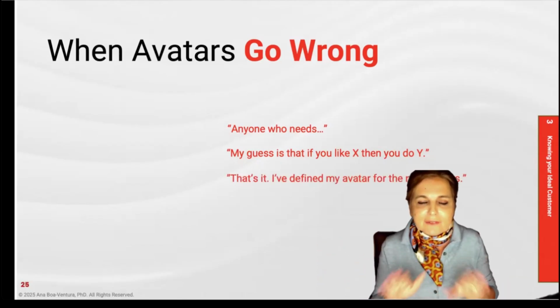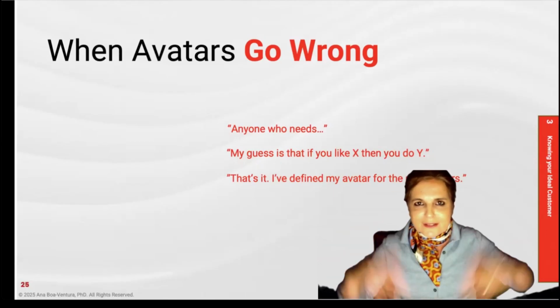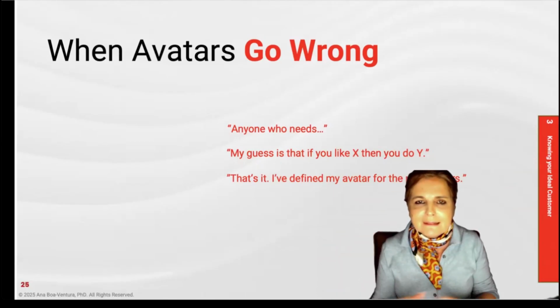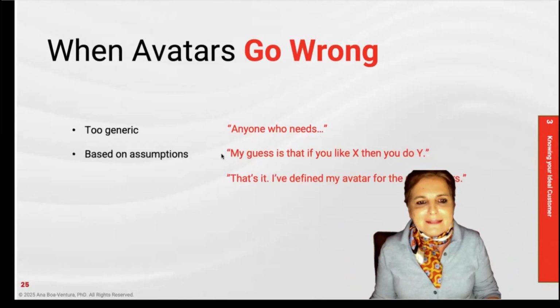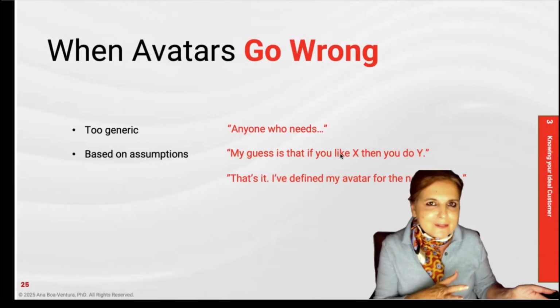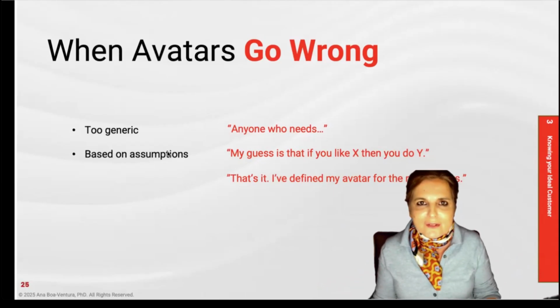Or that's it, I've defined my avatar, I did a cutout from the magazine, I've described it completely, and now it's good for as long as my business is active or for the next 5 years. Well, this will not work. Anyone who needs something, this is too generic. My guess is that if you like X, you will like Y. Now, this is based on assumptions, right?